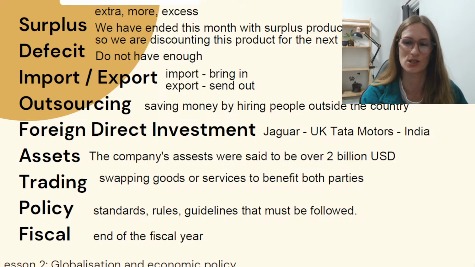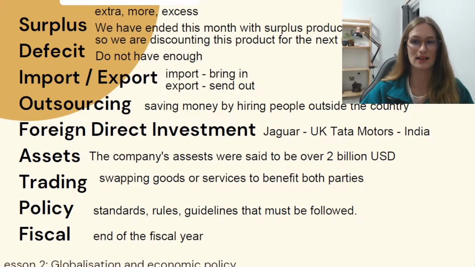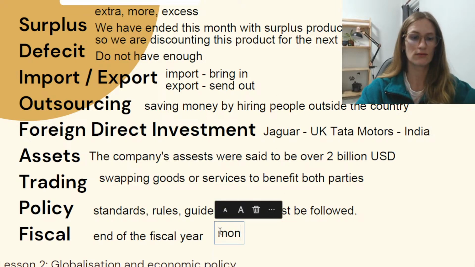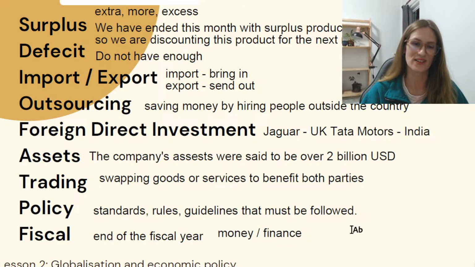So what does fiscal mean? Any ideas? Monetary. Yes, exactly. Fiscal just means money, finance. So end of the fiscal year means end of the financial year.